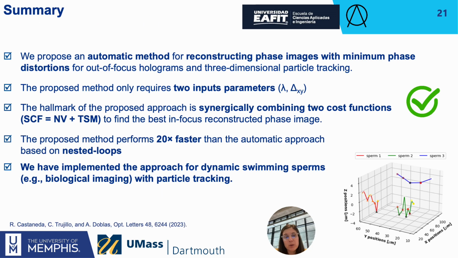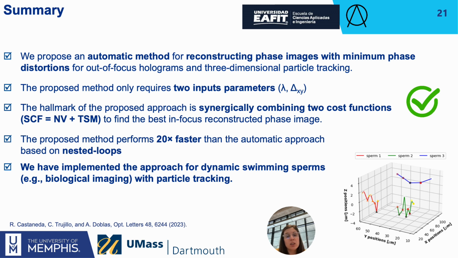So, just a summary: we proposed an automatic method for reconstructing phase images with minimum phase distortions using autofocus holograms, and we validated it by doing 3D particle tracking. One of the keys of the algorithm is the minimum requirements. We only need the wavelength and the pixel size, and no more input from the user.